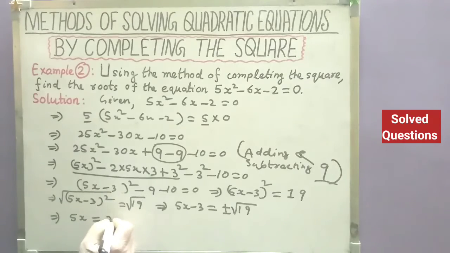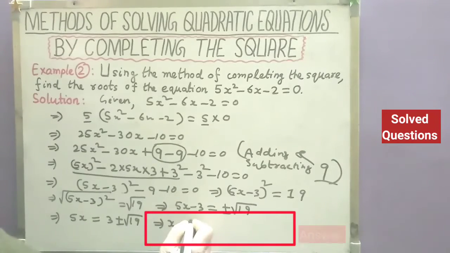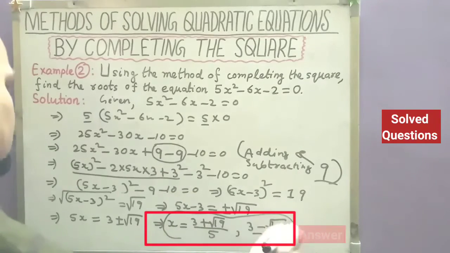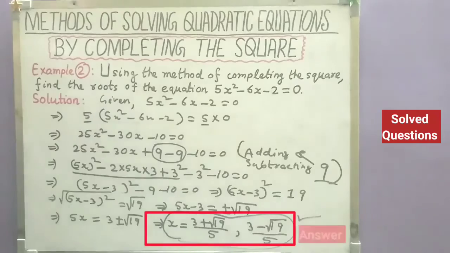That implies that 5x = 3 ± √19. That implies that x = (3 + √19)/5, (3 − √19)/5. Hence, we obtain these two values of x.